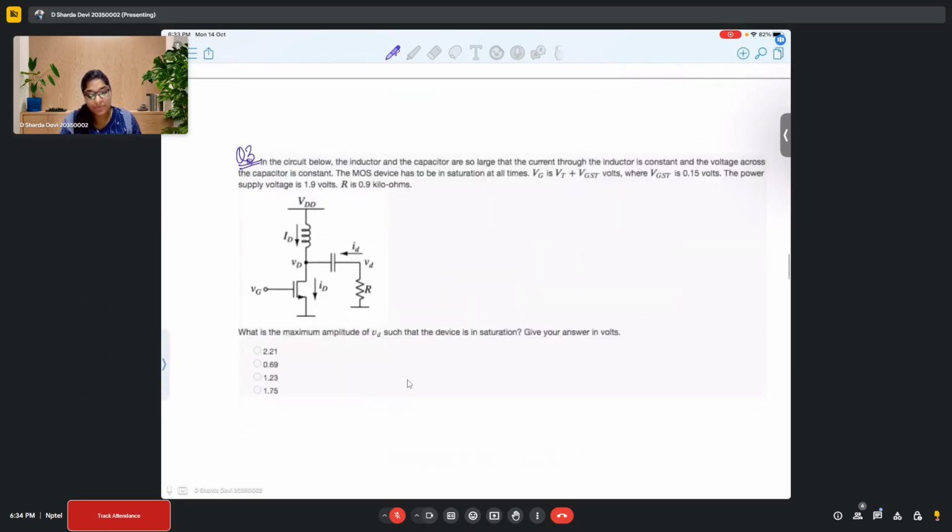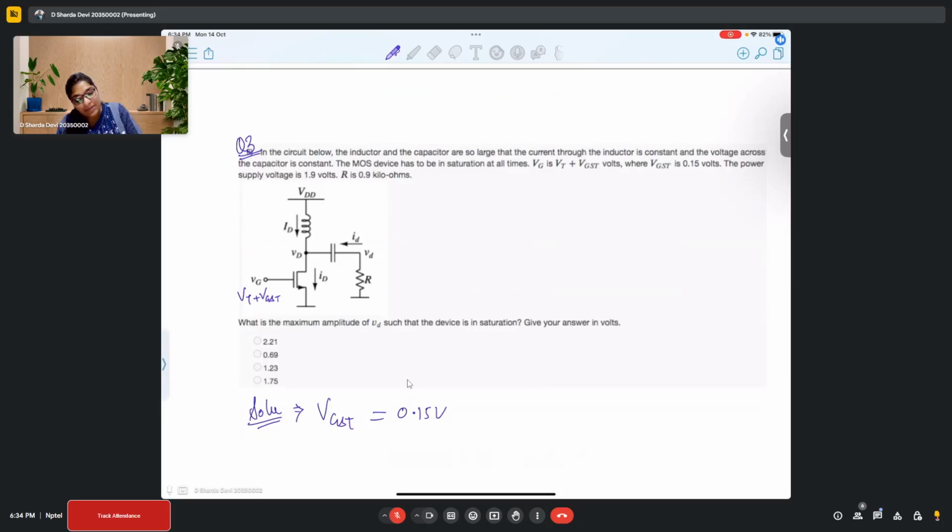In this problem, we have the circuit where the inductor and capacitor are so large that the current through the inductor is constant and the voltage across the capacitor is constant. The MOS device has to be in saturation. Vg is given by Vt plus VGST, where VGST is 0.15 volts.